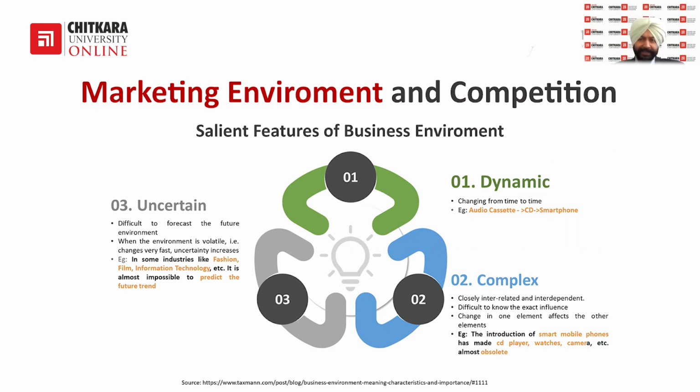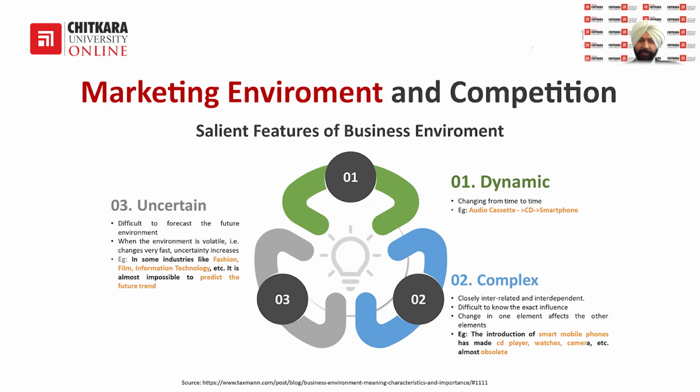Yes, the market environment is complex. It is closely interrelated and interdependent. If there's a change in one commodity, it may impact the other. Price fluctuation in one commodity can adversely impact another commodity, which nobody would have even thought of.